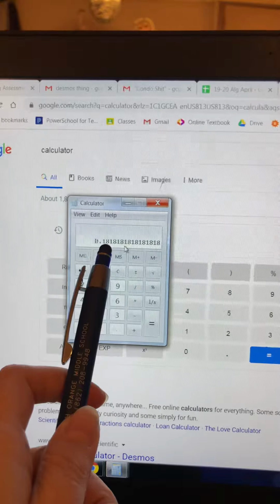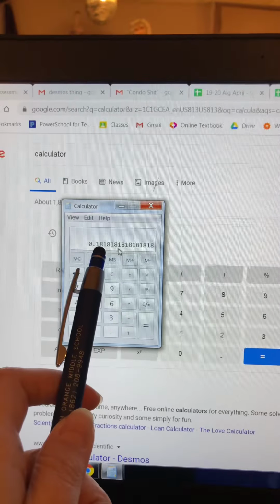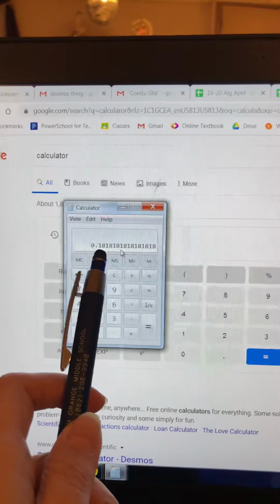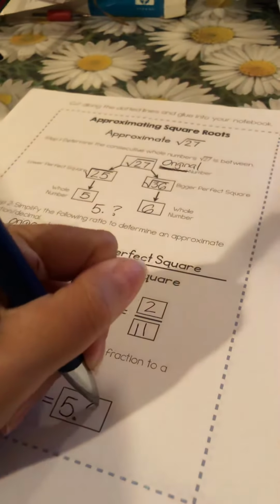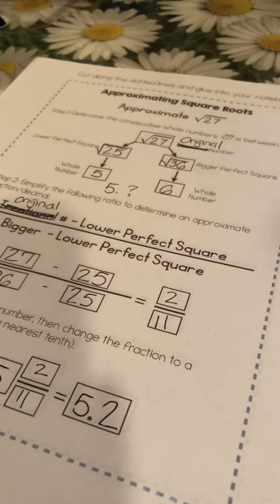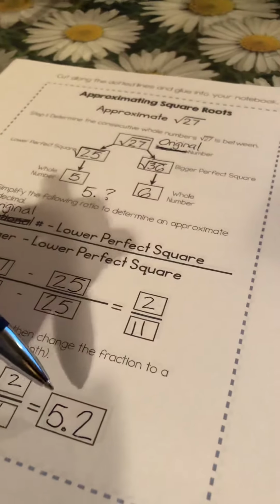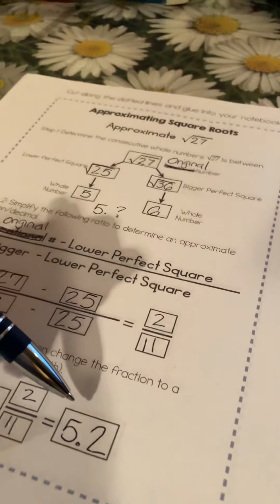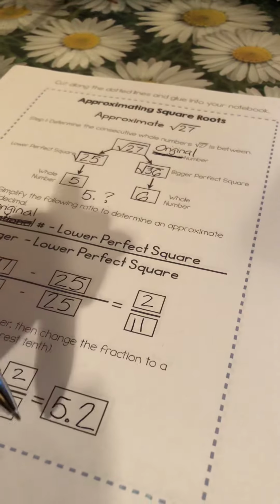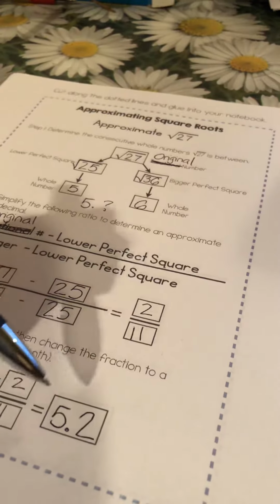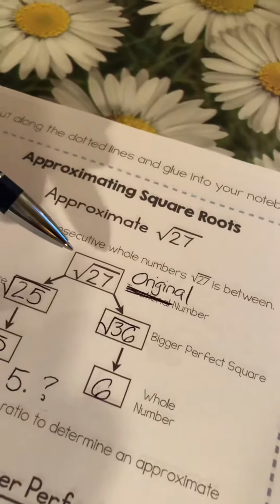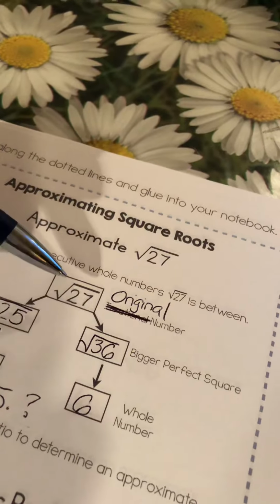If this middle number is greater than 5, it rounds up. So the decimal is going to be 5.2. So 5.2 is what my decimal is going to be when I type in the square root of 27.